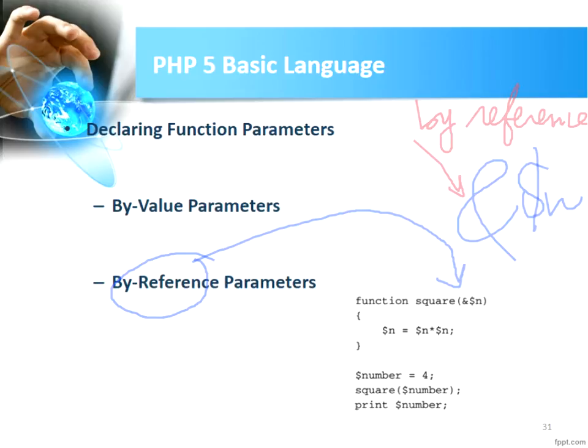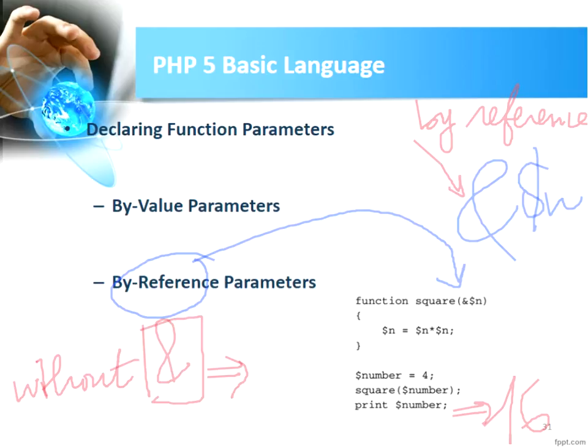In this case, when I prepare a function with &$n, and after that n equal n multiplied by n, if my number equal 4 and I write square($number), print $number, I will obtain 16 as a result. But without the symbol &, I will obtain the same value, only 4.